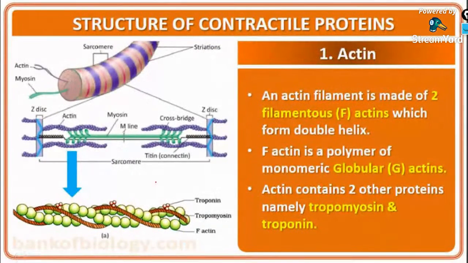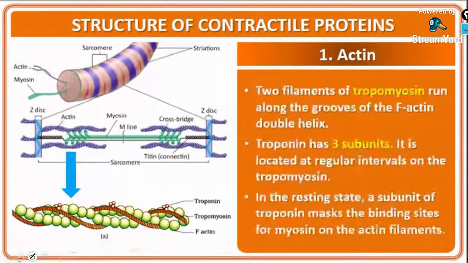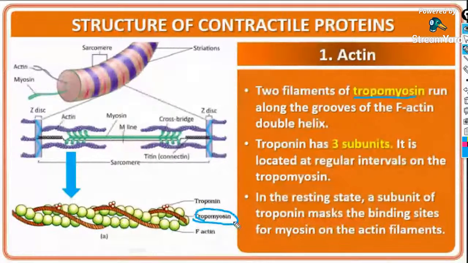Next one. Two filaments of tropomyosin run along the grooves of the F actin. Guys, this rope-shaped structure is called tropomyosin. This is one, and I'll draw one more.